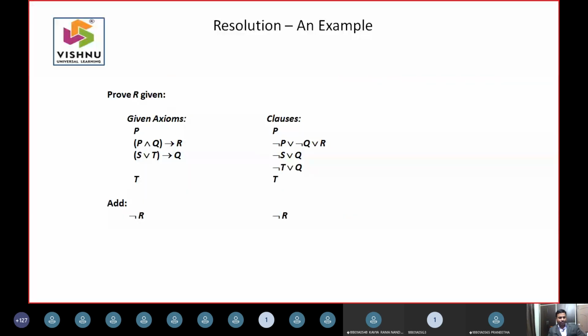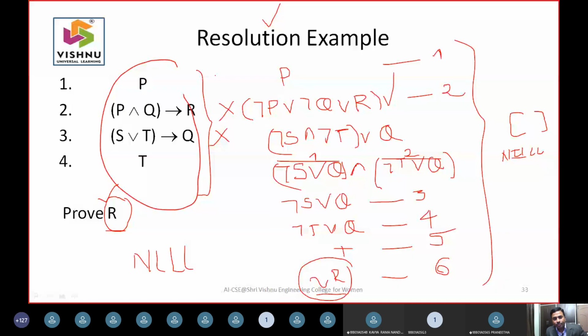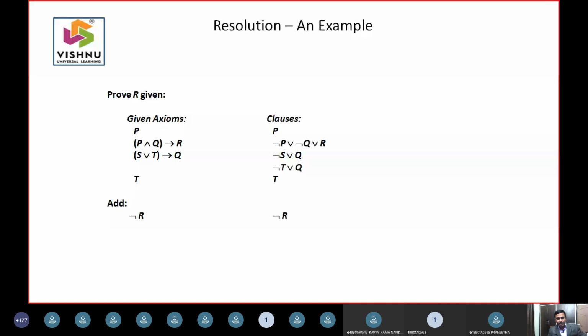What I have done in the earlier slide is convert this knowledge into clause form. The same thing is there here. P is in clause form. This is in clause form. This is in clause form. This is in clause form. This is in clause form.